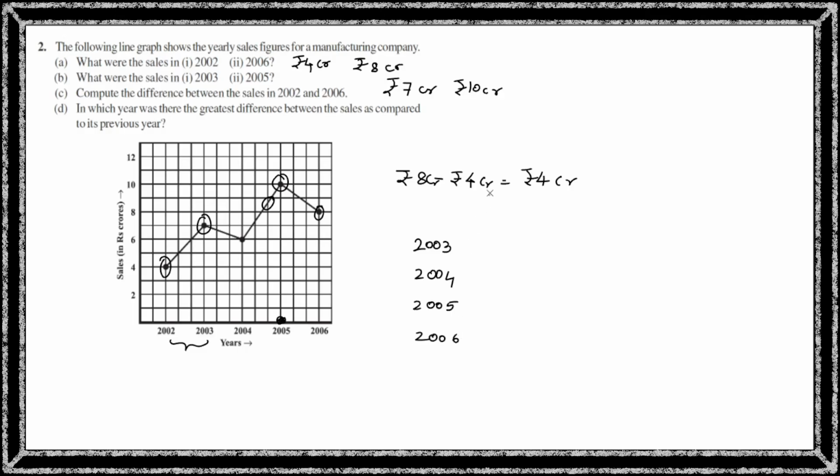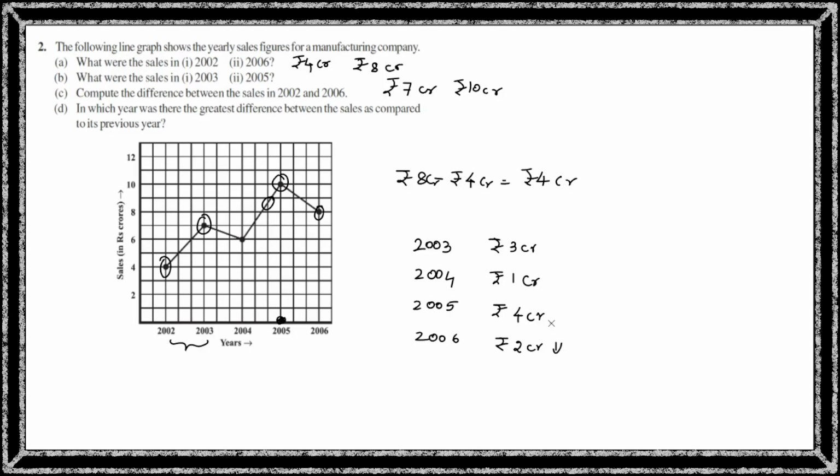So you can see that for 2003 it is 7 minus 4, which is 3 crores. 2004 it has decreased, but still let's look at the difference. It is 7 minus 6, which is 1 crore, and 2005 as compared to 2004, 10 minus 6, which is 4 crores, and 2006 is 8 minus 10, which is 2 crores.